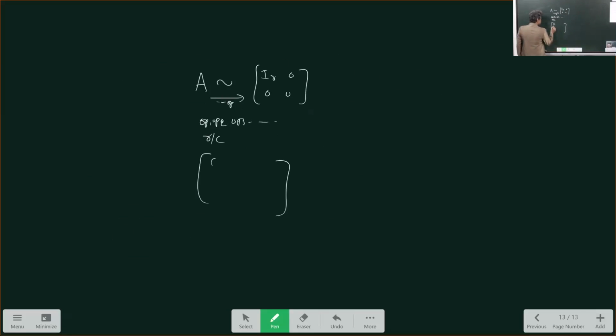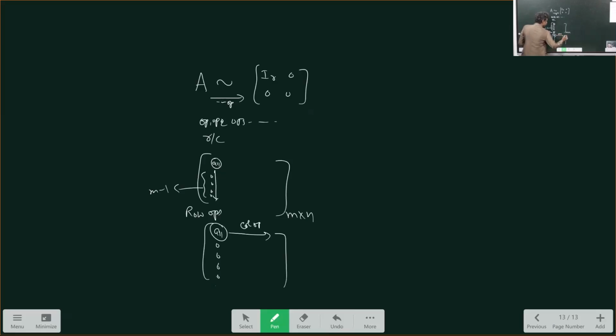Using this A11, make all the below elements zeros. For that I need row operations. How many? If my order is m cross n matrix, I need m minus 1 row operations. In the next step, after they are converted into zeros, I use the column operations.